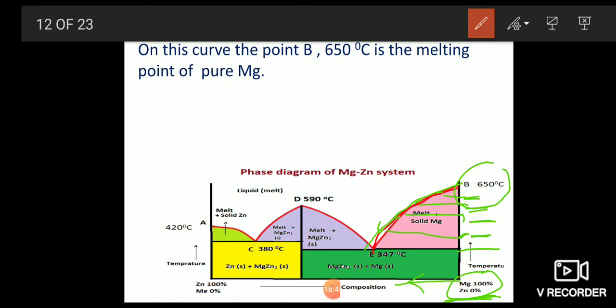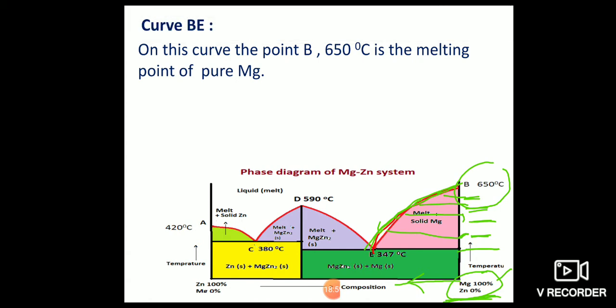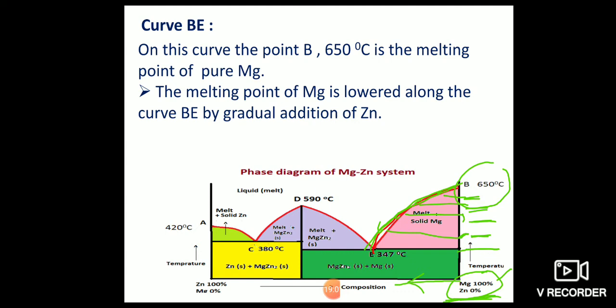On successive addition of zinc, the melting point of magnesium is lowered up to E, 347. That is what we are seeing in the next point: the melting point of Mg is lowered along the curve B by gradual addition of zinc.